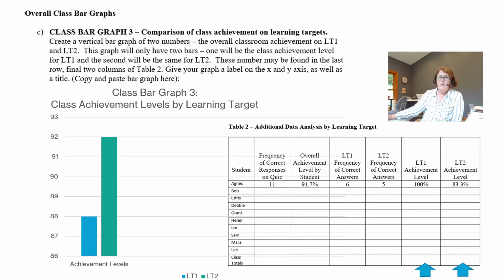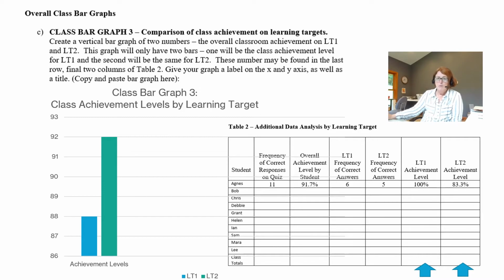This would be the bottom row, class totals, the final two columns. So if you imagine that the class got 88% overall correct on learning target 1, and 92% correct on learning target 2.